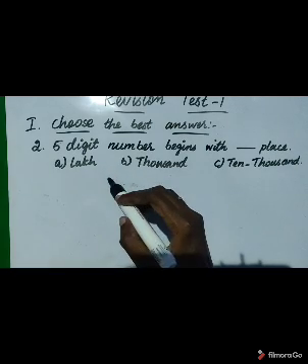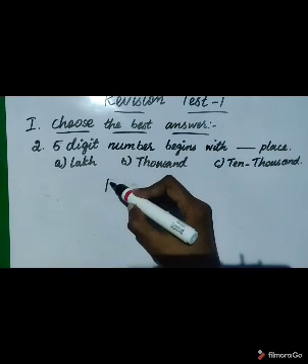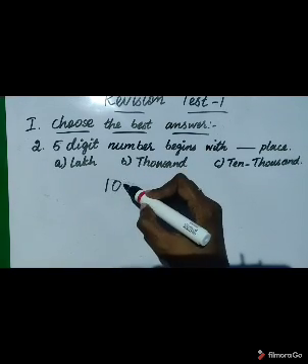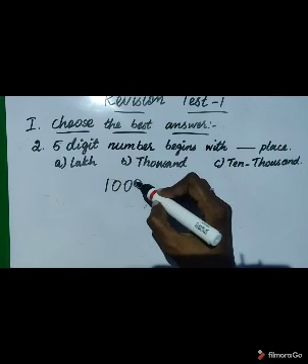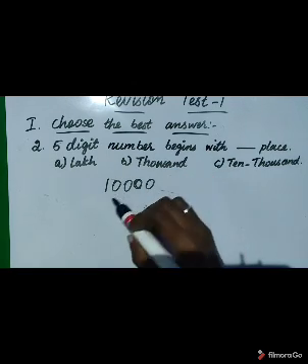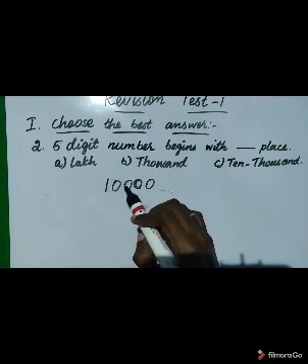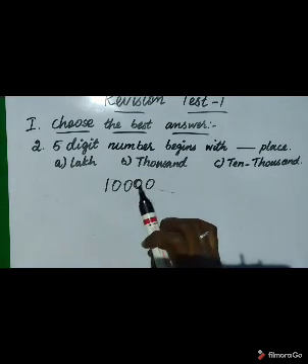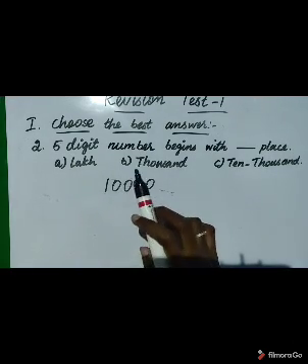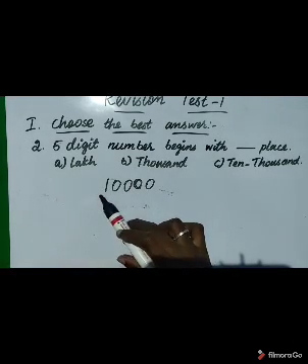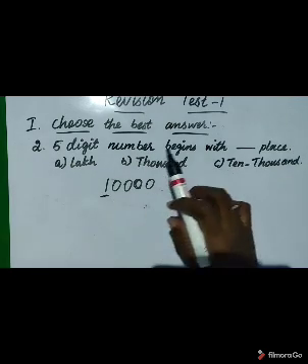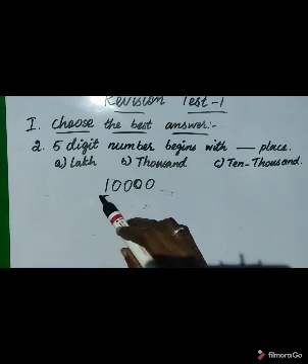Beginning means this one. So this is ones, tens, hundreds, thousands, and this is 10,000s. So the 5-digit number is beginning with 10,000. So the beginning place is 10,000. So this is the correct answer.